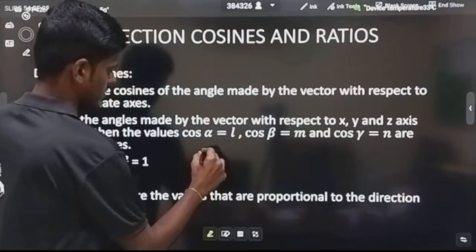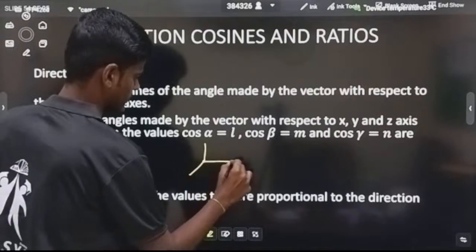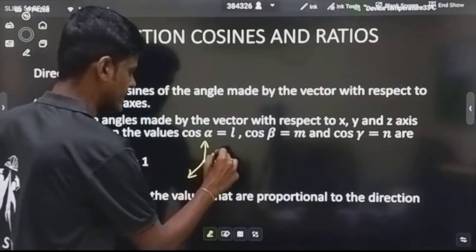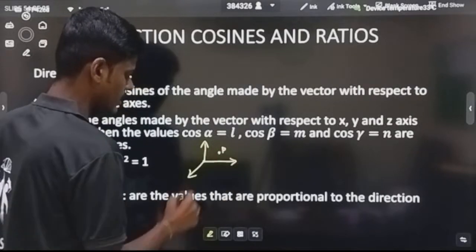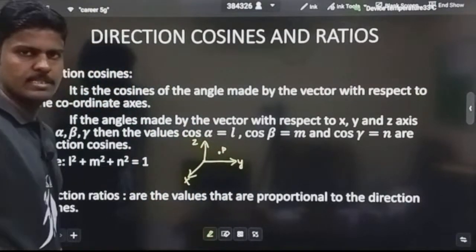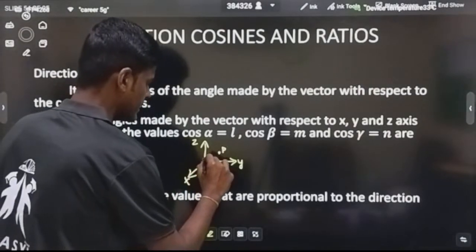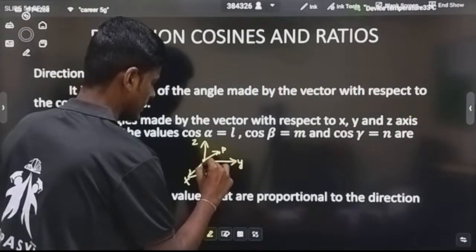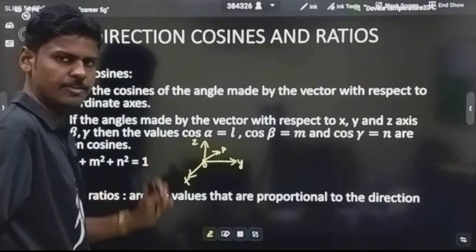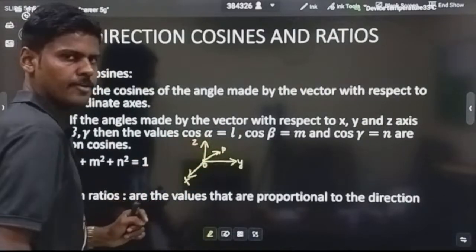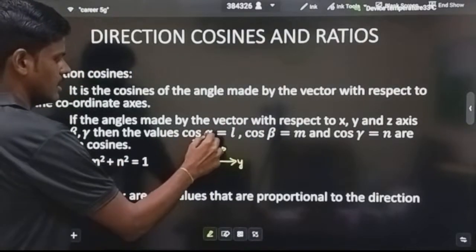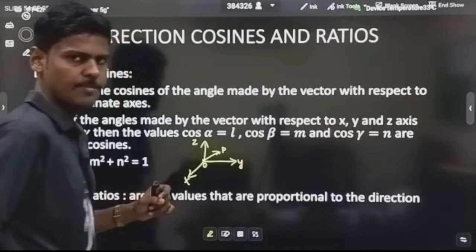let's take some random point P, and this be x, y and z axis. Now P vector is defined by this. Yes or no? P vector is OP vector, which is the position vector of point P. And for direction cosines, that is given by cos alpha, cos beta and cos gamma.